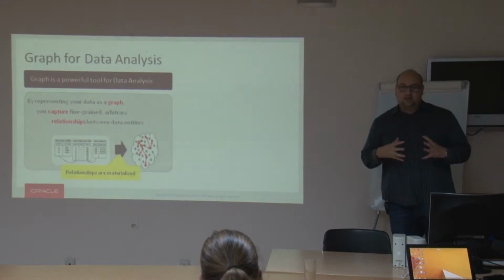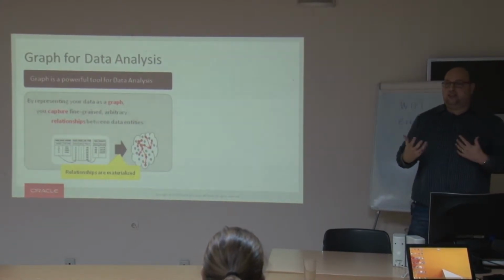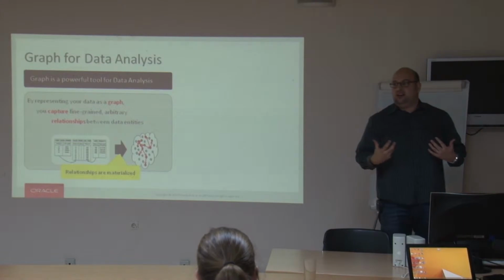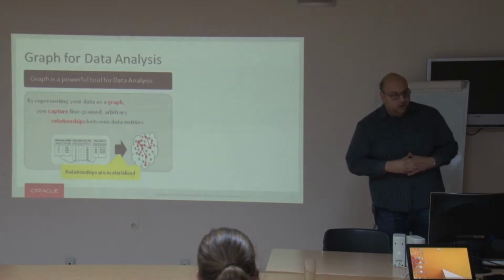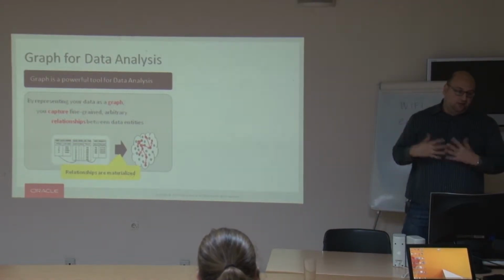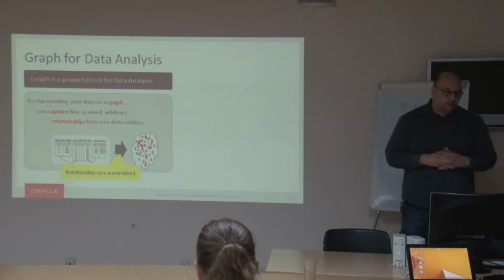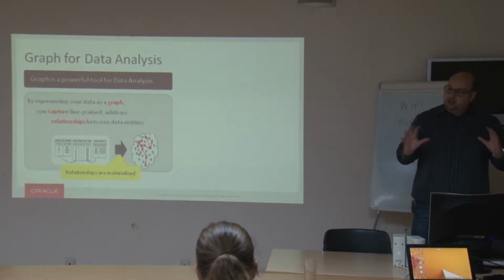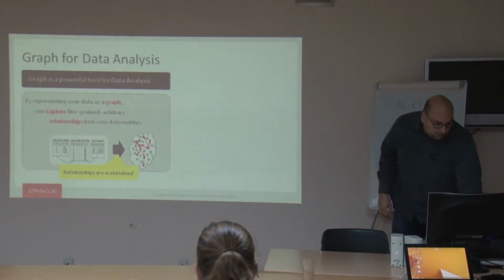And so really, to me, graph technology is really about the ability to analyze data once it's represented as a graph. So basically, by representing your data as a graph, at least I'm coming at it from the analytic perspective, you capture fine-grained, arbitrary relationships between your data entities.